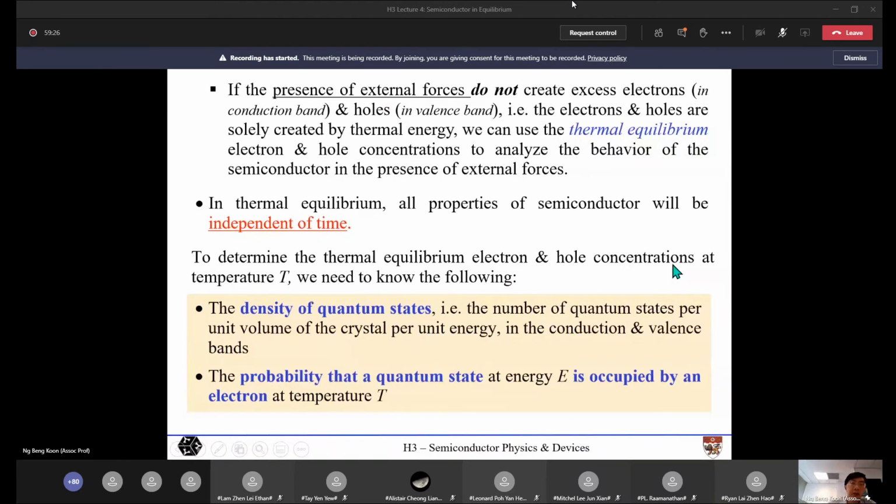So how do we actually calculate or determine the concentration of electrons and holes in a semiconductor at thermal equilibrium? It turns out that there are two quantities that we need to know. The first is the density of states, which essentially describes the number of states available per unit volume of the crystal per unit energy in the conduction and the valence band.